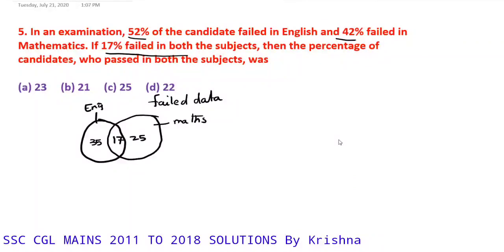So total failed students in English, in maths, as well as both the subjects are 35 plus 17 plus 25 gives us 77%. So now the remaining will be the candidates who passed in both the subjects. That is 23% candidates passed in both the subjects.